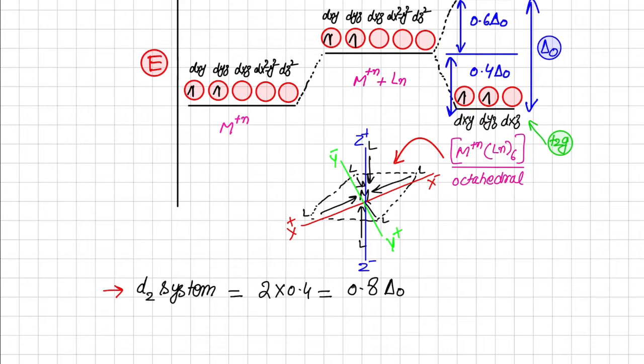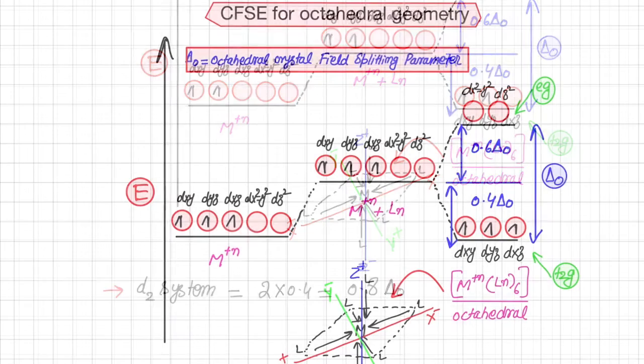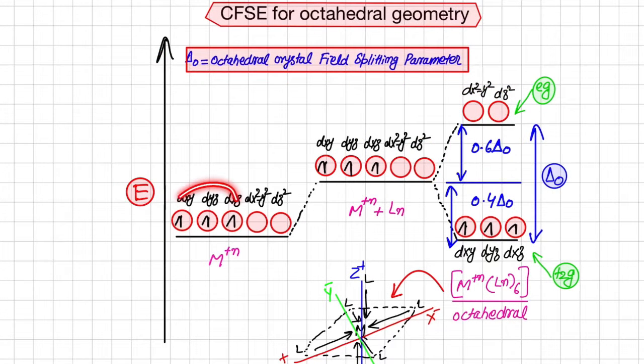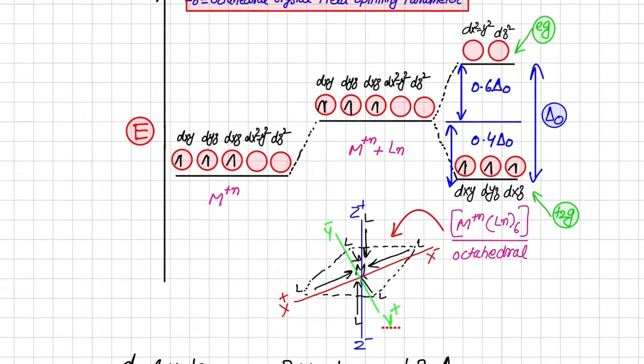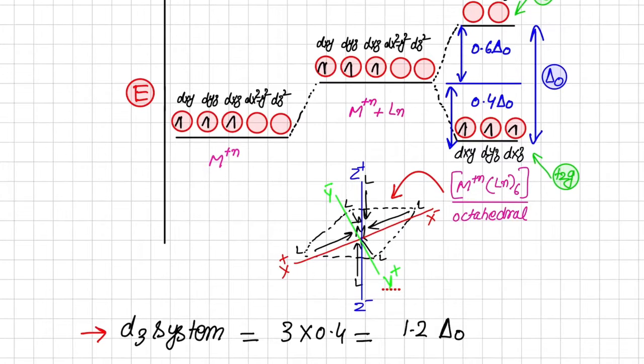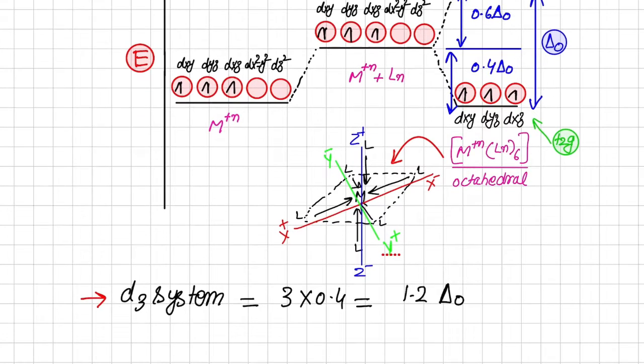For the d3 system, another electron will be added here. These electrons will be placed here, and the third electron will also go to the lowest energy level possible rather than going to a high energy level. Now the d3 system involves elements such as vanadium, niobium, and tantalum in their +2 oxidation state.